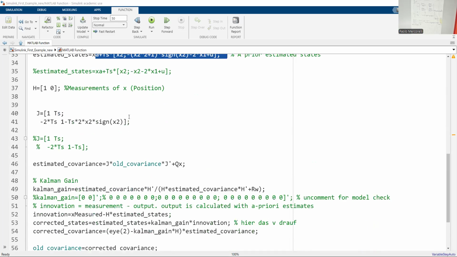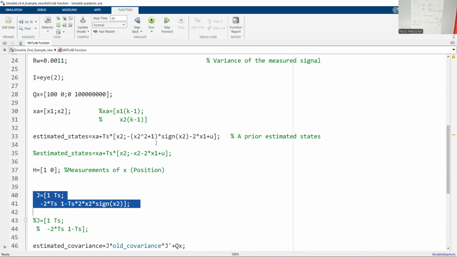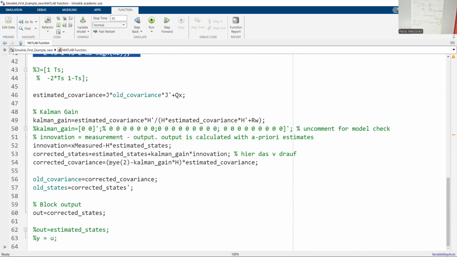Look here, look at the Jacobian. I copied what I clarified. Copy in the sense you have to be able to change the names and assign, with the same notation. The rest of the Kalman does not change, absolutely.